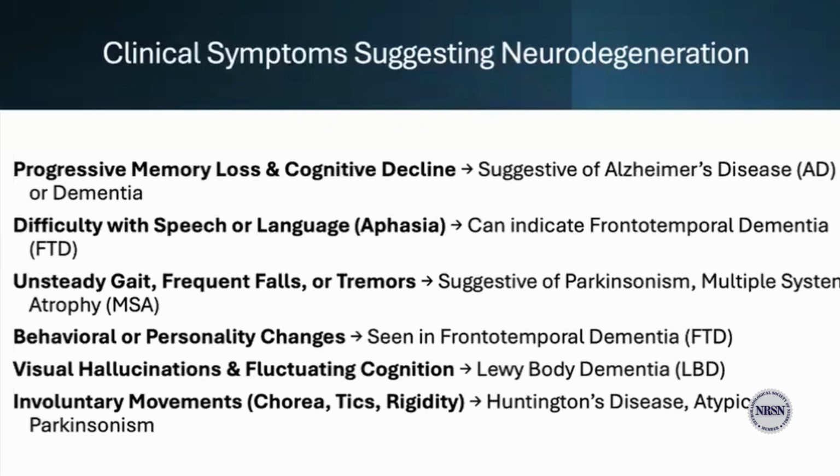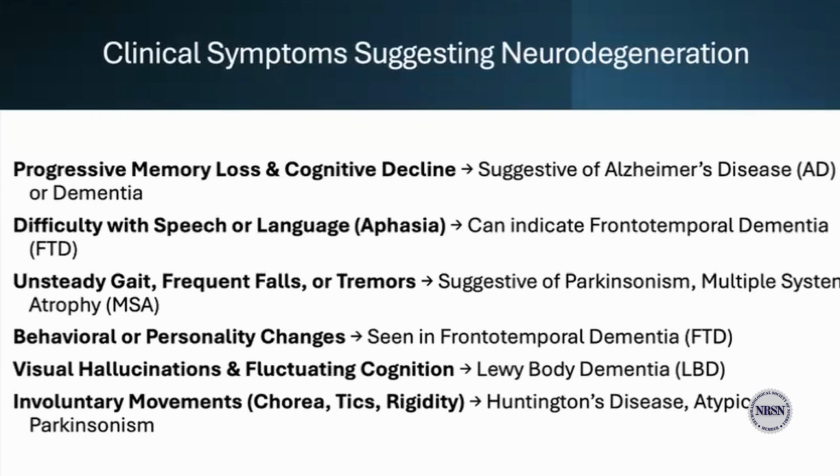While behavioral and personality changes are again red flags for FTD, when a patient presents with visual hallucinations and fluctuating cognition, this could indicate Lewy body dementia, which has a distinct pattern both clinically and on imaging. Additionally, involuntary movements like chorea, tics, or rigidity might point towards Huntington's disease or an atypical Parkinsonian wasting syndrome. And finally, weakness, spasticity, and muscle wasting should make us consider ALS, which also benefits from MRI evaluation to rule out mimics and assess involvement.